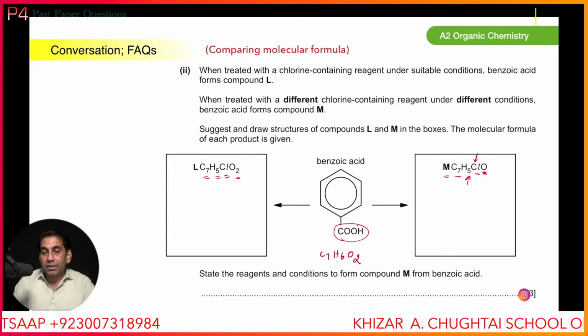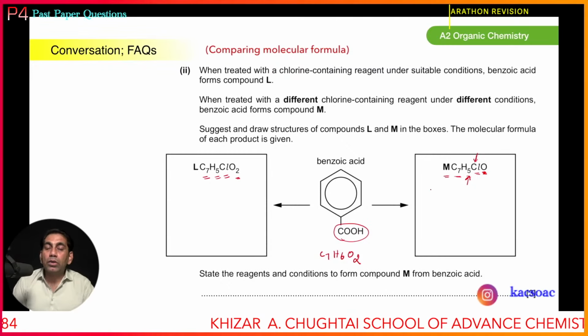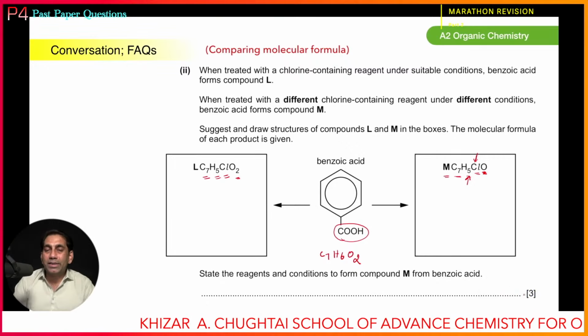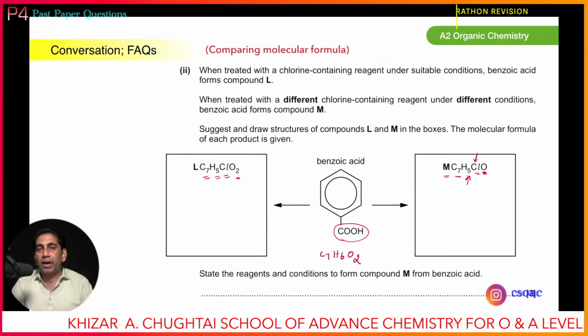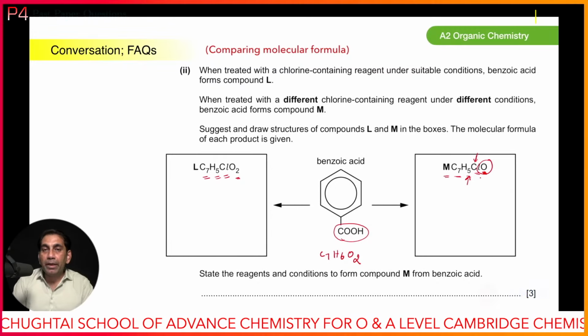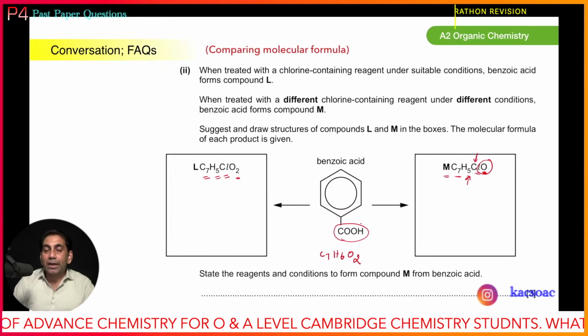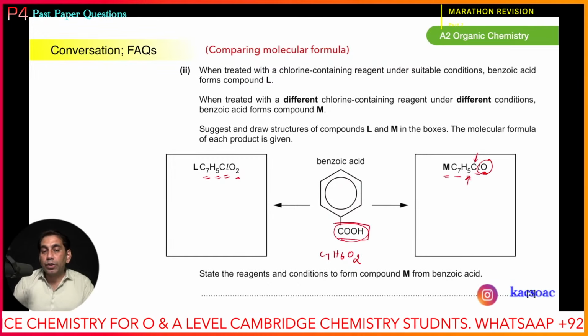So in this case, it means that benzene is not going to change itself. Benzene is not going to take part in the chemical reaction, because 1 less oxygen means oxygen is not part of the benzene ring. So it means that this side chain is going to participate.